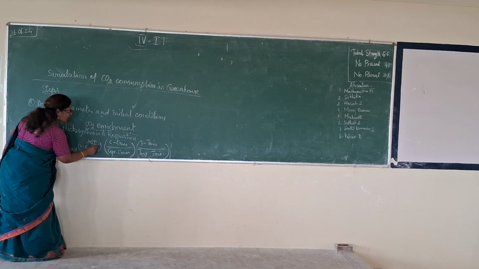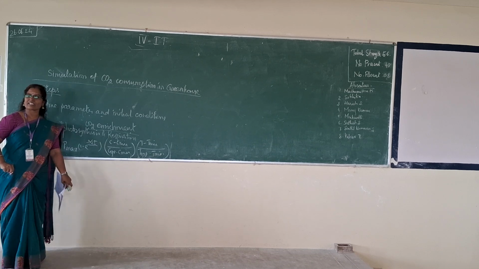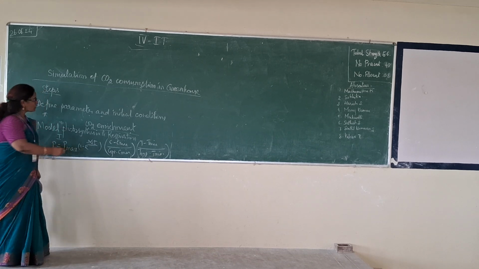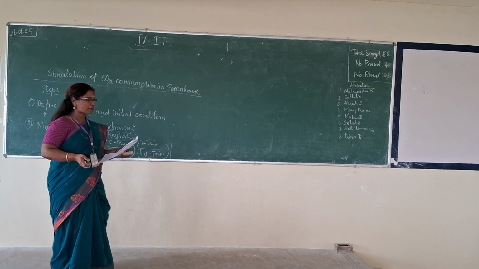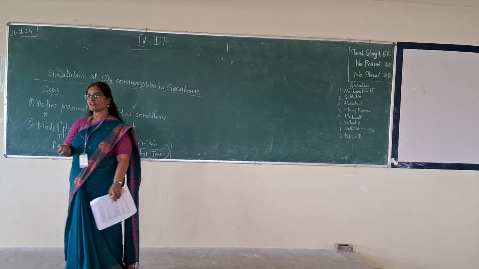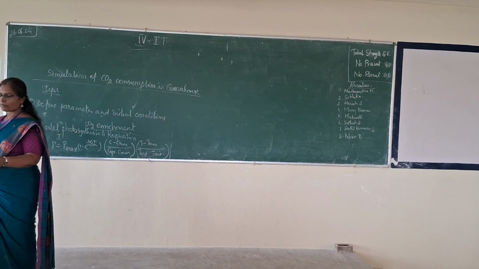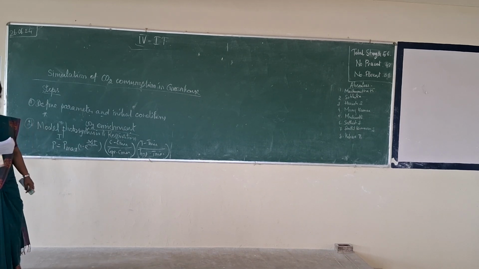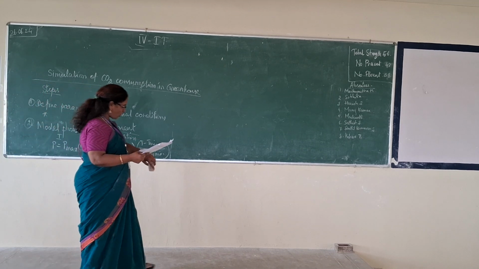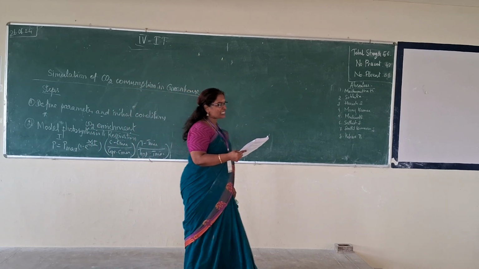This alpha is there because you require light for photosynthesis. C min and C opt are the minimum and optimal CO2 concentration, T min and T opt are the minimum and optimal temperature.